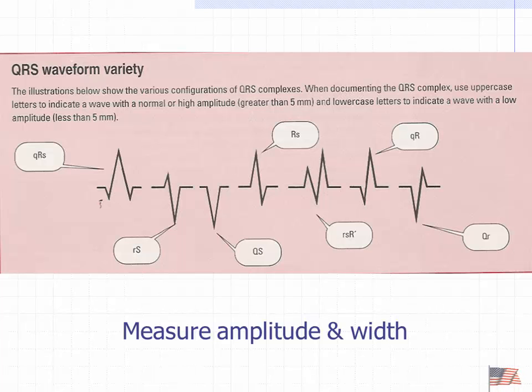Where it really gets funky is where we have double dipping. And we call that a bundle branch block. Remember when the heart goes down the right and left bundle branches? Well, sometimes it has to turn around and come back in the opposite direction. That's going to change the shape of the wave.